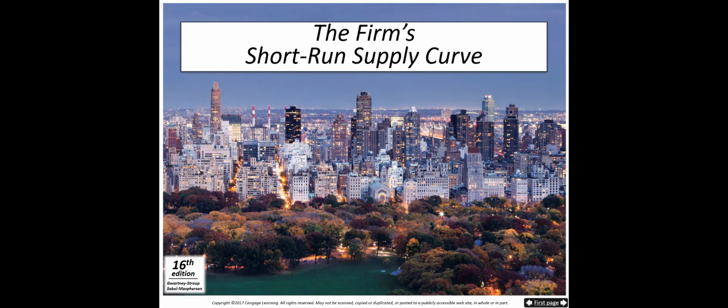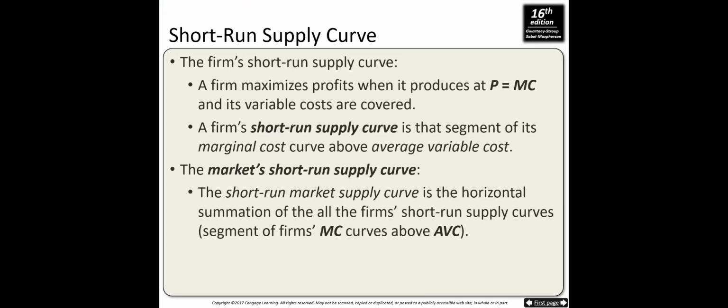So let's understand the short-run supply curve. You need to consider two things. A firm maximizes profits when it produces where P is equal to MC and its variable costs are covered. A firm's short-run supply curve is that segment of its marginal cost curve above the average variable cost curve. So let me draw the curve.